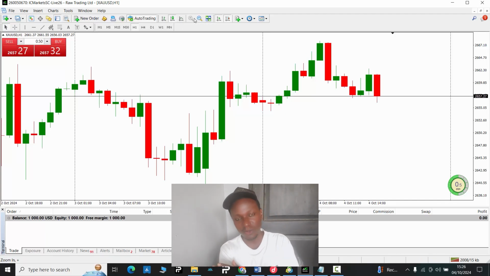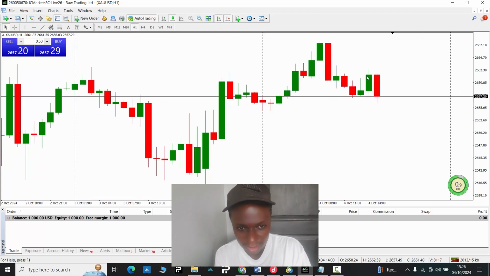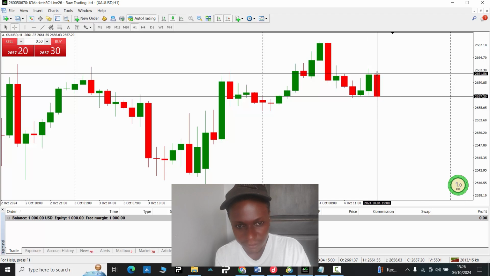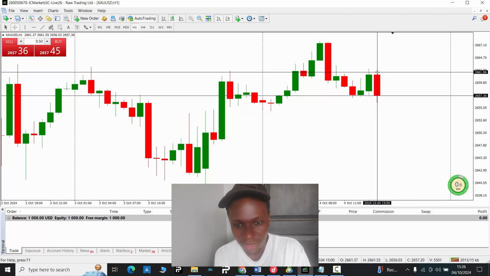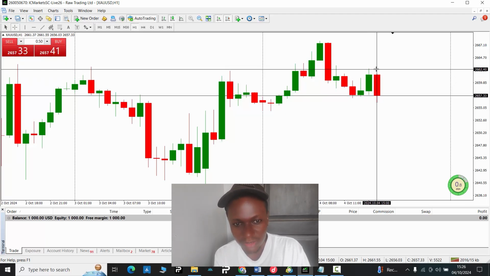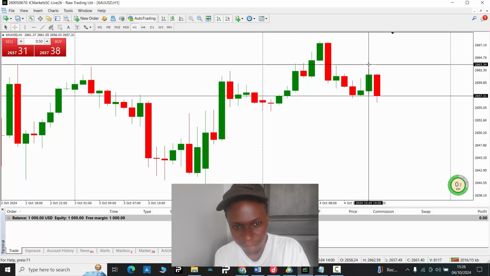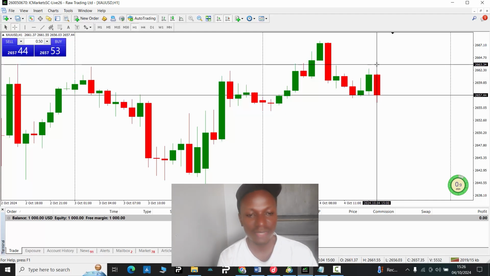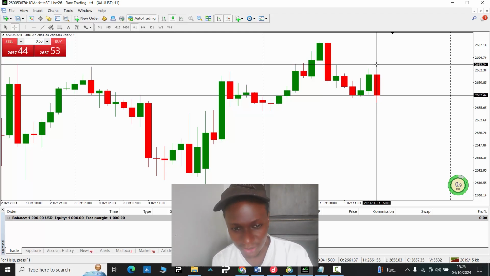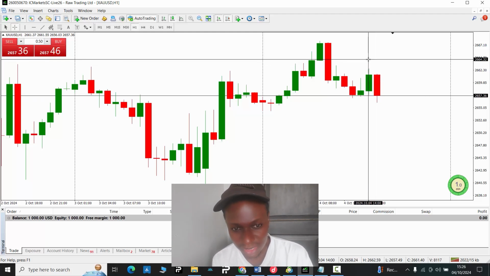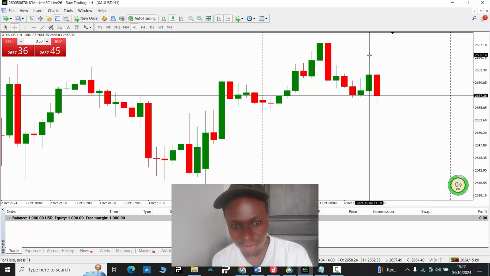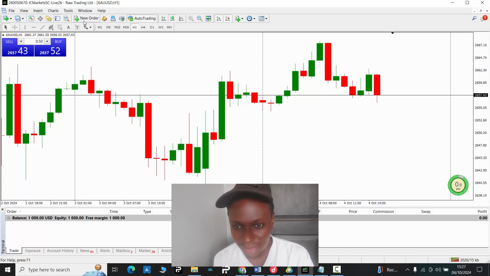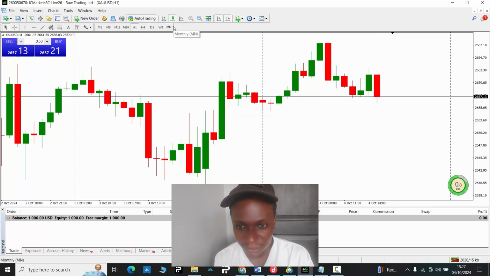On my chart right here, we're looking at the 1 hour time frame. The last candle before NFP is this one, because in my time zone NFP comes out at around 3:30 in the afternoon. So the previous candle before 3:30 is the 14-hour candle. So let's mark that candle and pay attention to it.